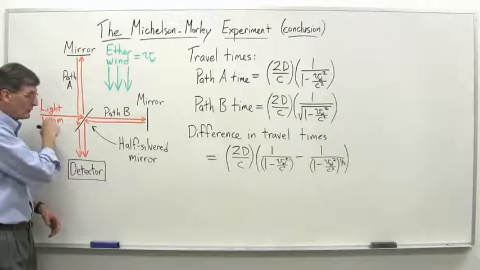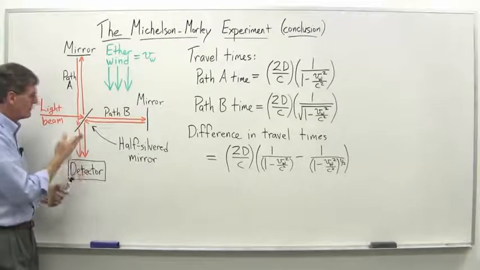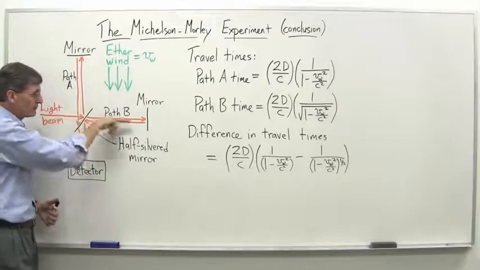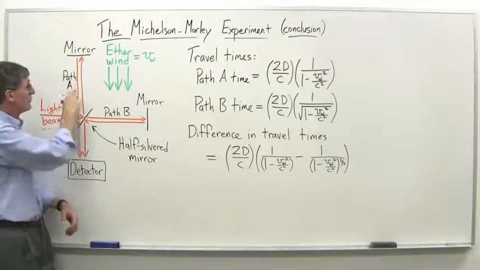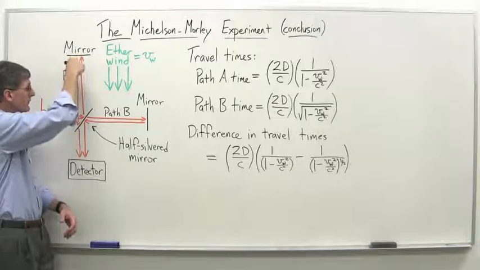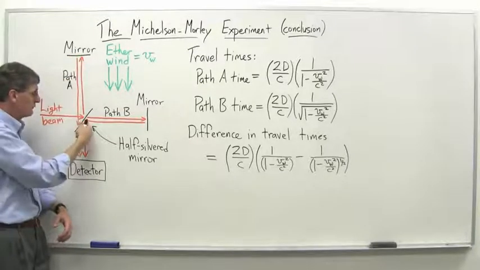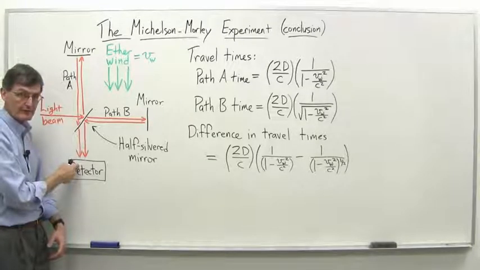This light beam comes in, and there's a half-silvered mirror here. What a half-silvered mirror does is that some of the light, if it hits it, will bounce off that way, and some of it will actually travel through the mirror. The light that bounces off goes up to this mirror, bounces off that, comes back down to the half-silvered mirror, and then some of that will bounce back the other way, but some of it will go through to the detector down here.